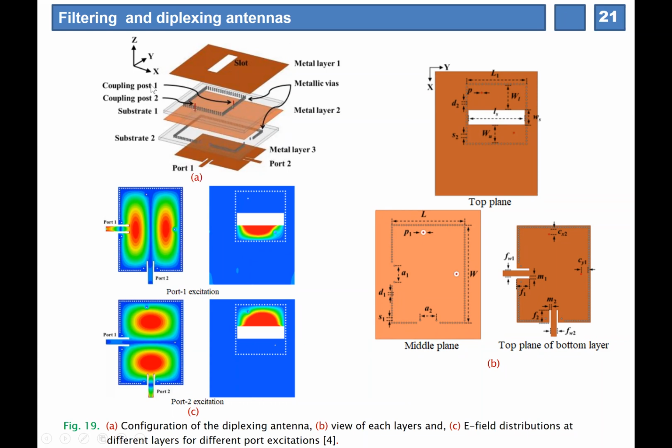The positions of those two posts have to be optimized for proper coupling, because we know that proper coupling gives a proper filtering response. And at the top plane, there is one slot, and that slot is radiating for two different frequencies.